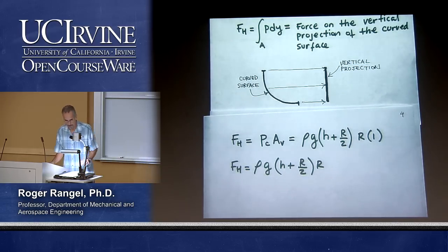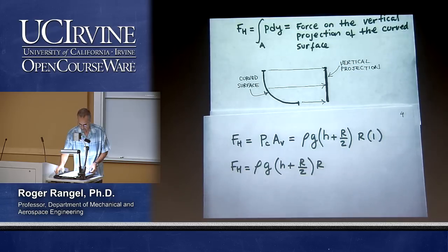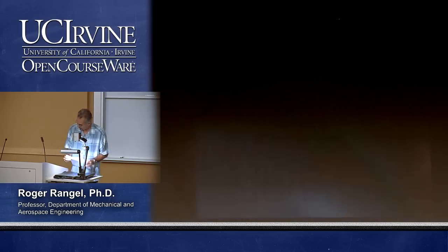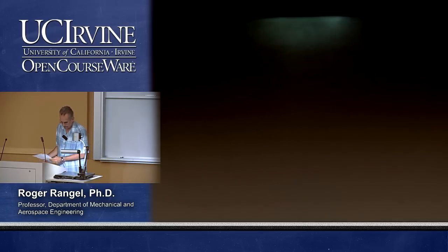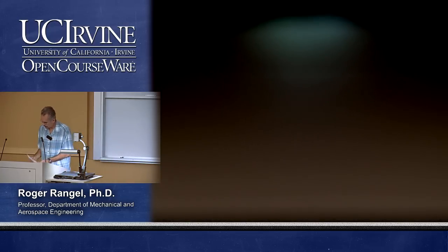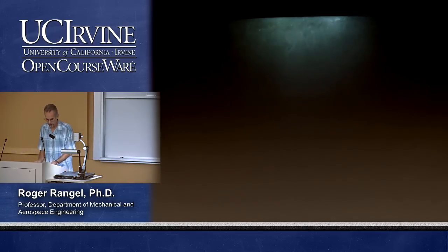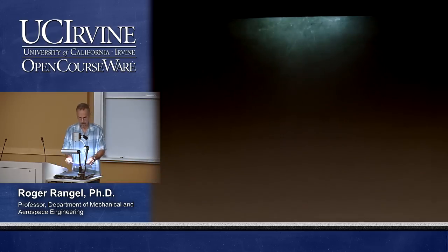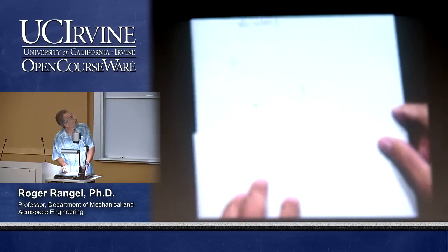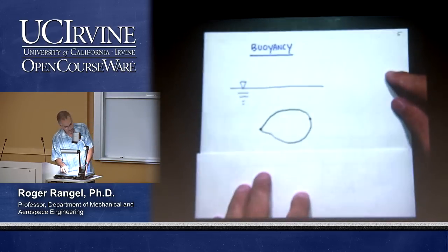Okay, so the next topic that I want to cover today is to show you how to calculate the so-called buoyancy force on an object that is completely immersed in a liquid.